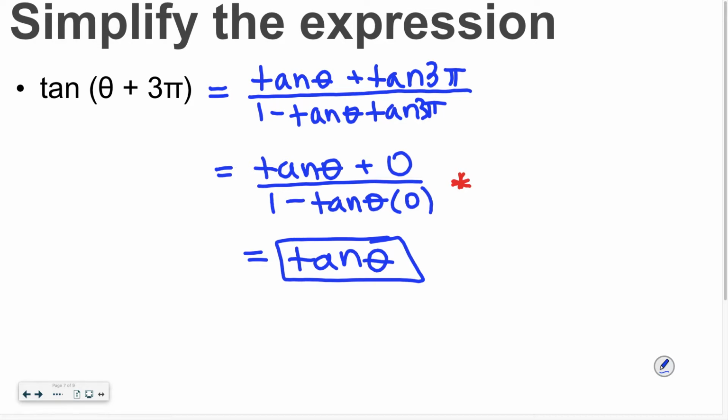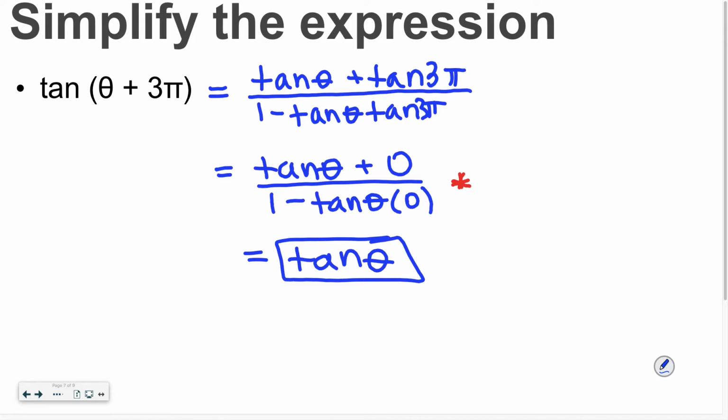Please make sure you put this step where you're replacing them with 0 and then another step where you simplify. How is the tangent of theta divided by 1 minus 0? Well, this is 1 minus 0, and so we get tangent over 1. Make sure I see that step where you're evaluating it to be 0 and then simplify from there.